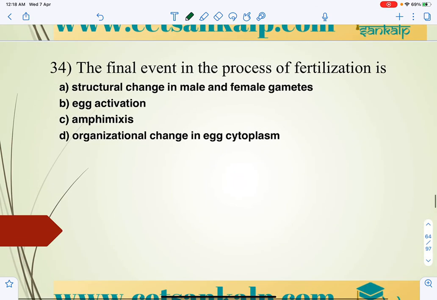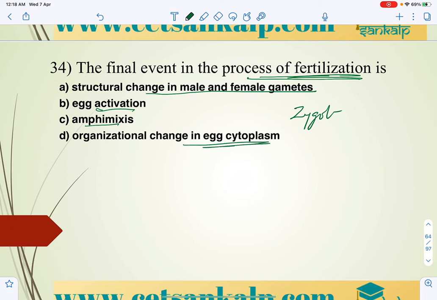Next question: the final event in the process of fertilization is, the formation of zygote, structural changes in male and female gametes, egg activation, amphimixis, or organizational change in egg cytoplasm.